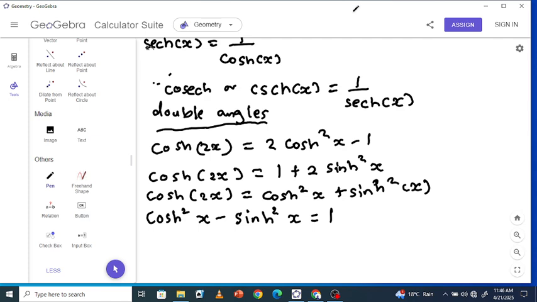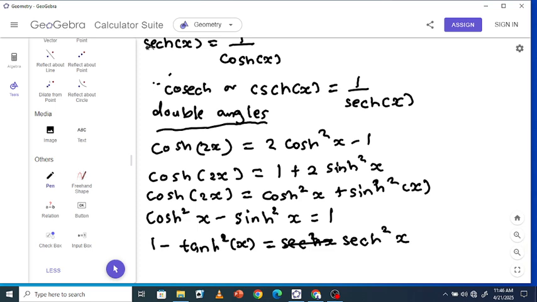We have another identity: 1 minus tanh squared x gives us sech squared x.